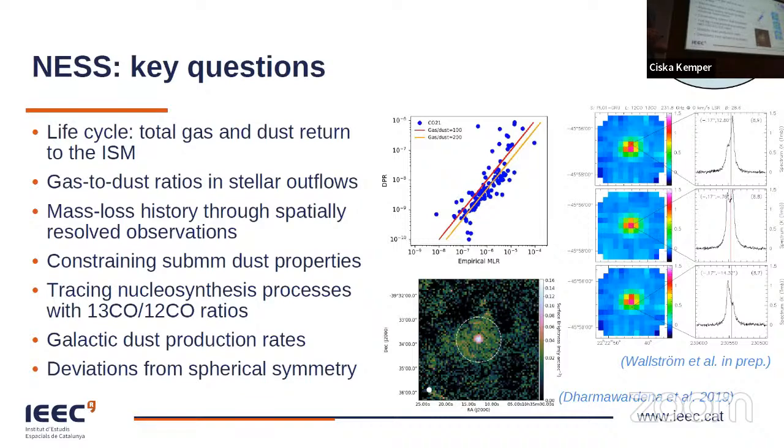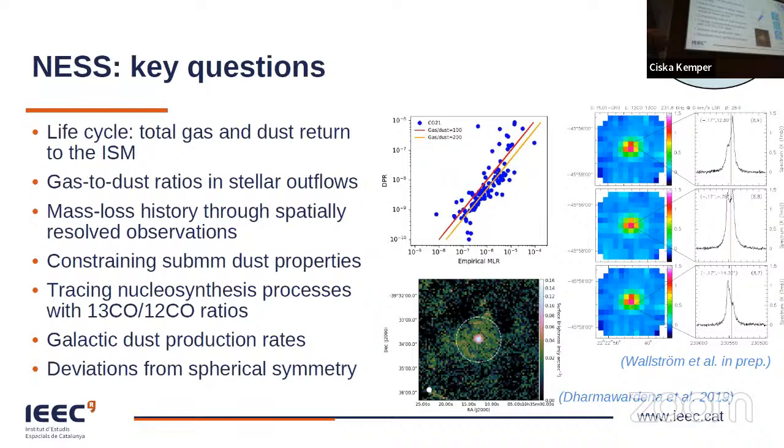We have submillimeter continuum observations like this one that's already published. This is actually from an object with a detached shell, and you can clearly see the extended emission here. And also in CO, you can see that the CO line profile varies a lot from point to point in the outflow, so we can do some interesting science with that.